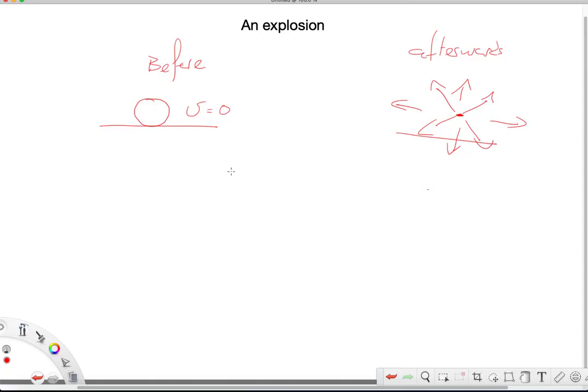Now, since the momentum is 0 here, the total momentum here must be 0. Nobody's going to argue that these bits don't have momentum.